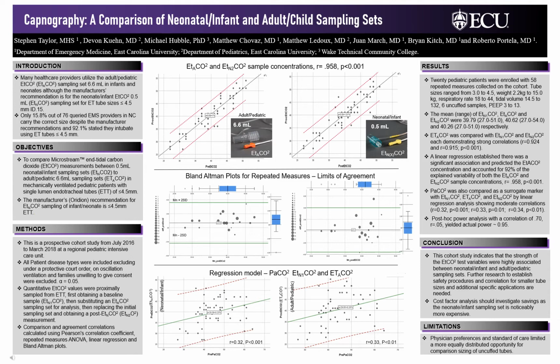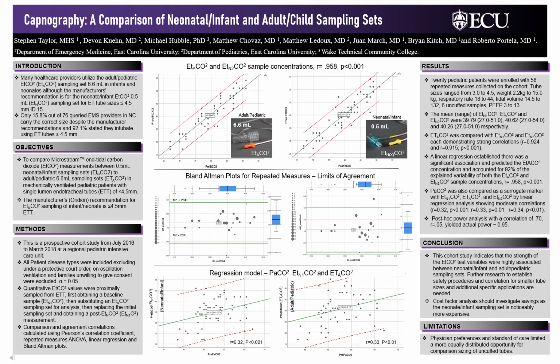We simply wanted to compare end-tidal CO2 for the infant neonate and the adult pediatric for tubes less than or equal to 4.5. We also wanted to look at and compare the PaCO2 for pre-test and post-test infant neonate and compare that to the adult.